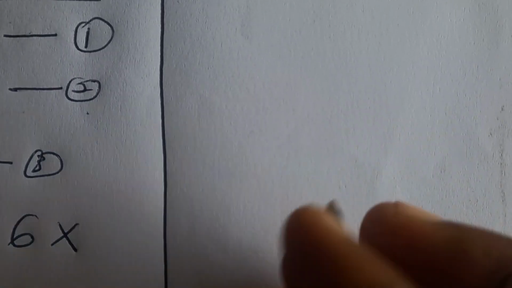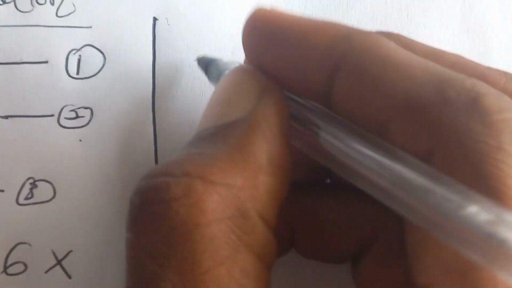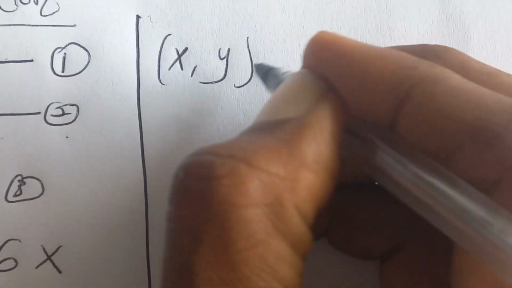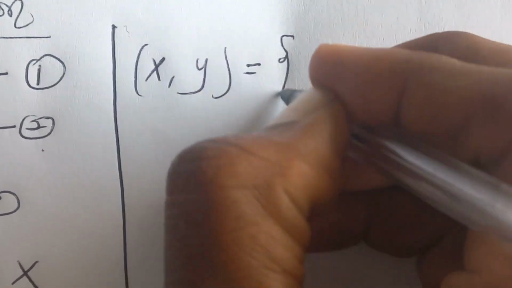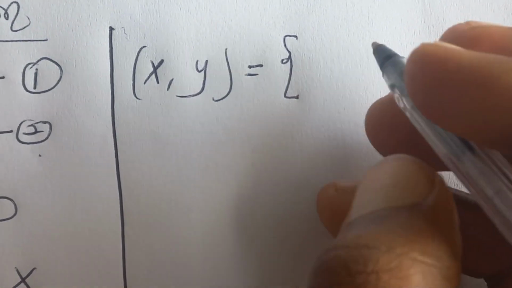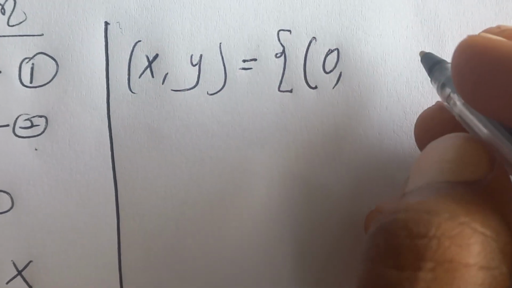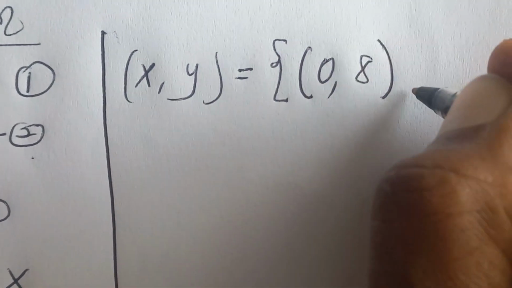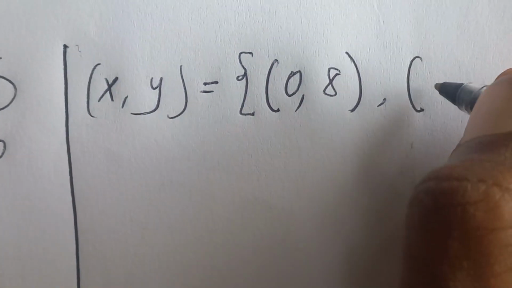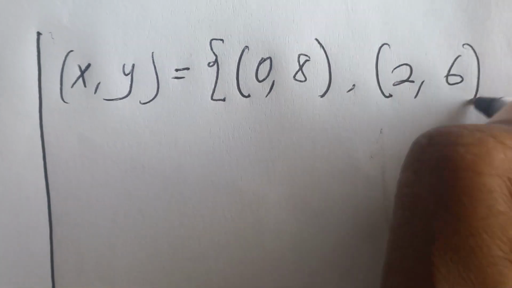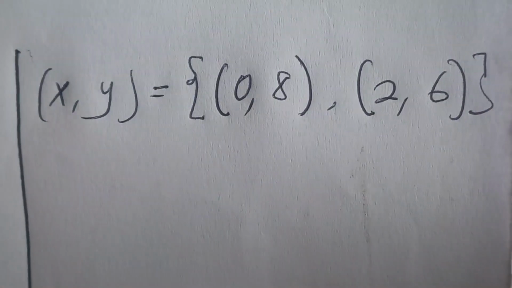Now, the solution says we have (x, y) equal to, first of all, (0, 8), and then (2, 6). So these are the solution set for x and y.